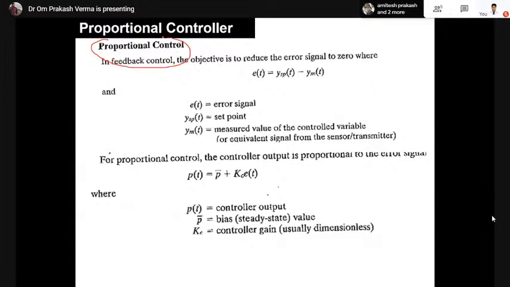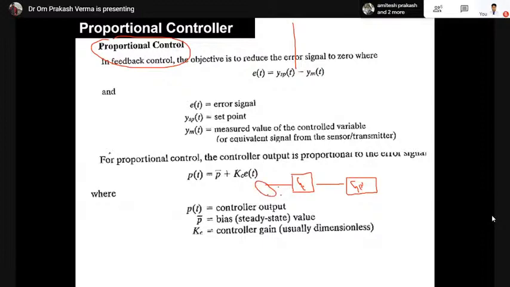So proportional control, as the name suggests. Proportionality, you can visualize from the block diagrams. Let's say this is the process, G_P. And this is the controller that is going to control our process, the controller G_C.